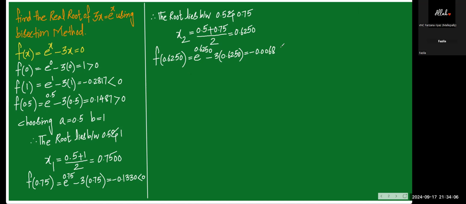That is less than 0, so 0.5 stays as it is. Therefore the root lies between 0.5 and 0.6250.